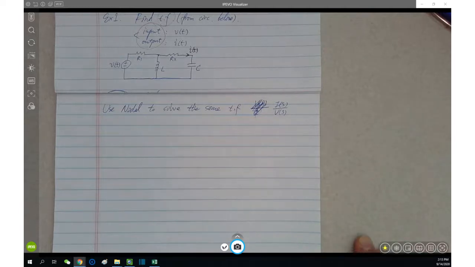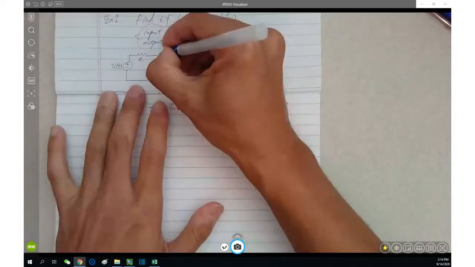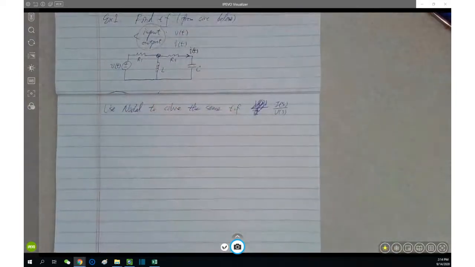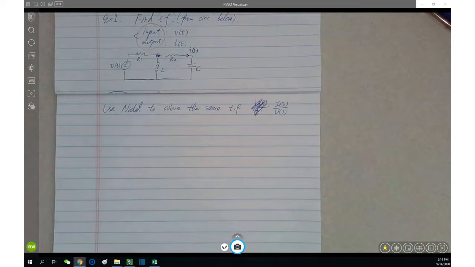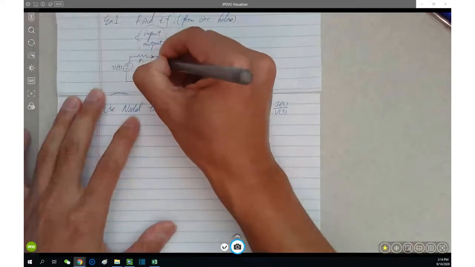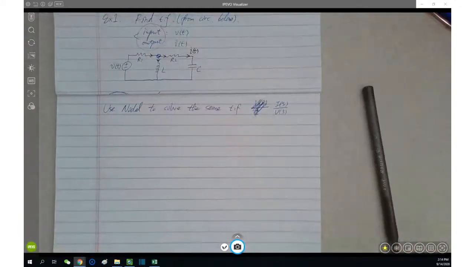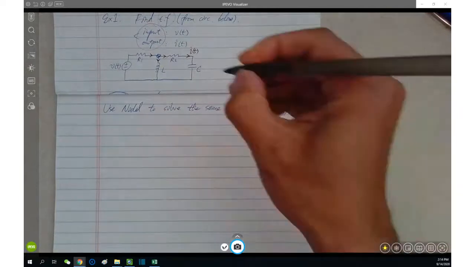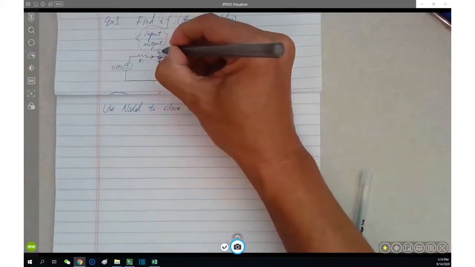All right, let's see. Basically, the node we want to choose to write KCL is up here, right? No other reasonable node we can pick in this circuit. Nodal means KCL, and here we are involving 3 currents. Assuming the current directions like these, we also need to assume the voltage at this node. Let's assume this is V1 of s.